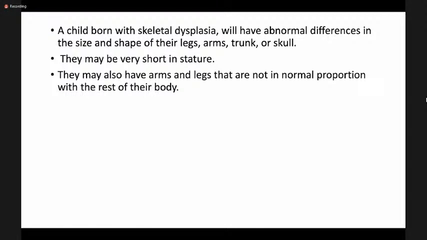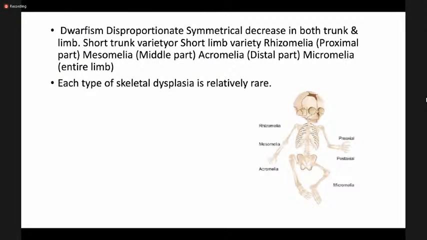They may also have disproportion with the rest of their body. Their dwarfism is disproportionate, or there may be a symmetrical decrease in both the trunk and the limb. There are terms that we usually use when there is shortening, depending on which part of the body is affected.